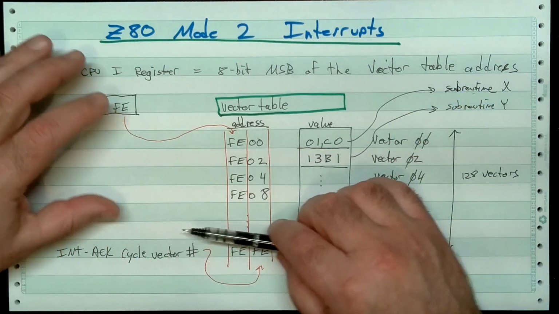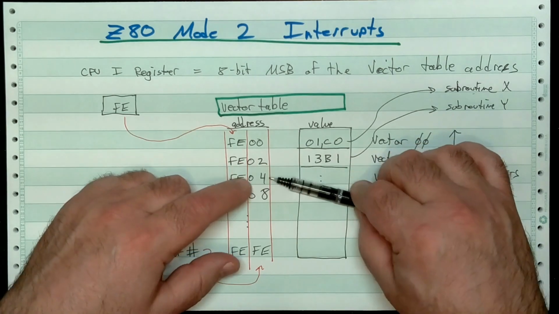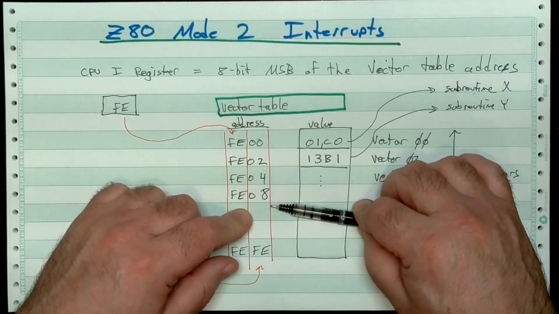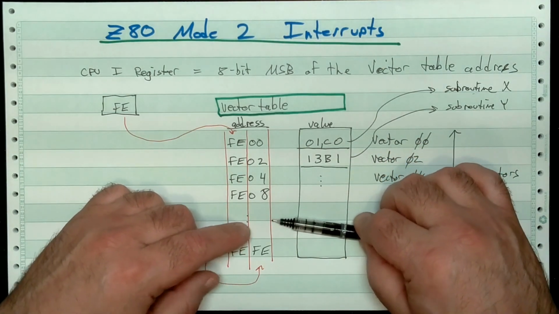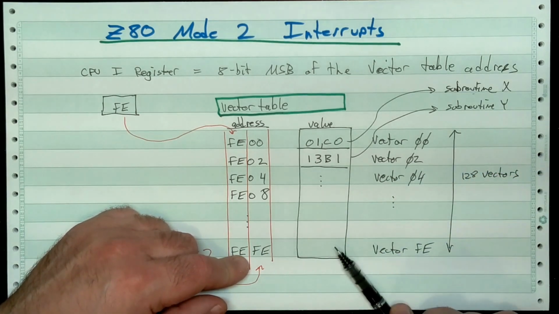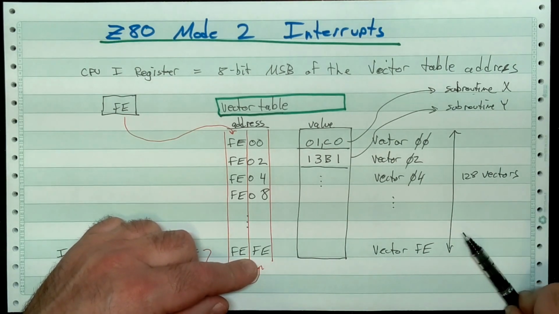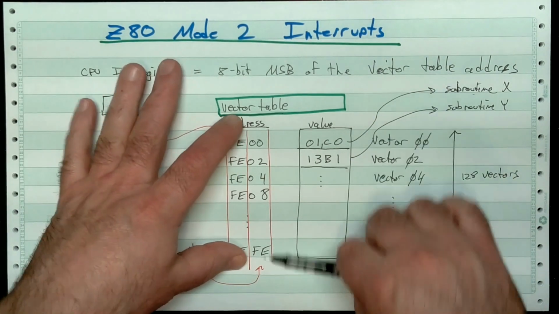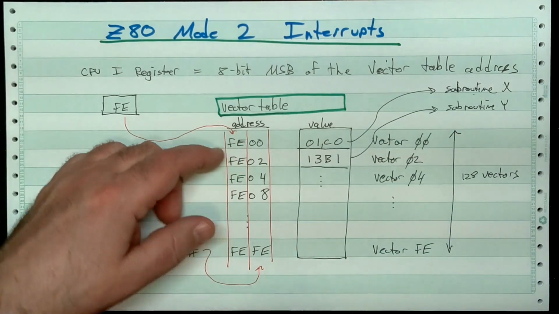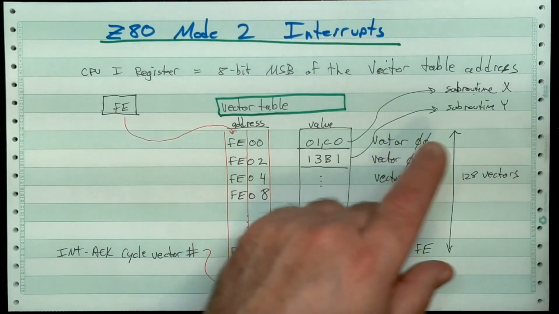These vectors are always going to be even numbers, so they'll start at 0, 2, 4, 8, C, and then move on to 10 in hex on up to FE, which would be vector number 127, the 128th vector in the list, because the first one's number 0. Every pair of bytes in here represents an address of some subroutine.